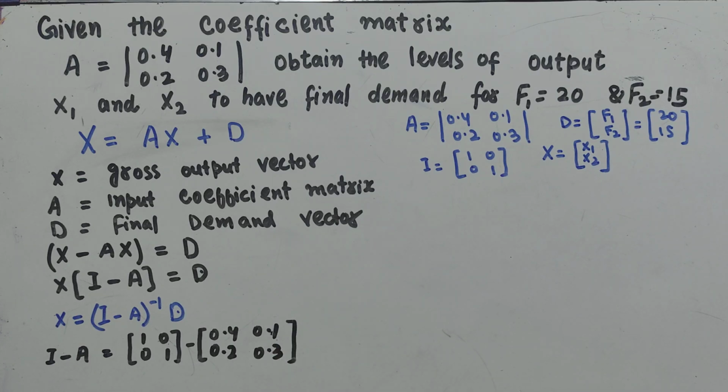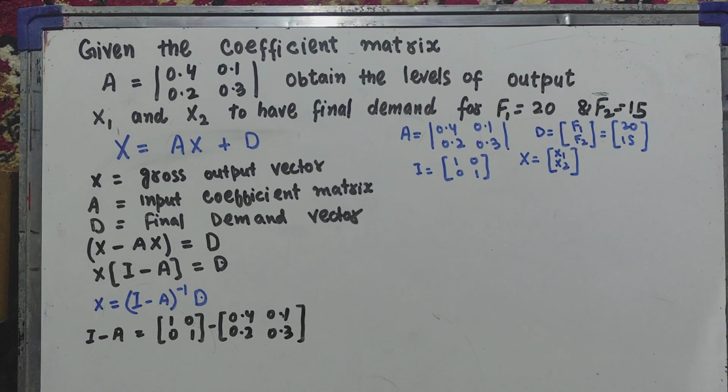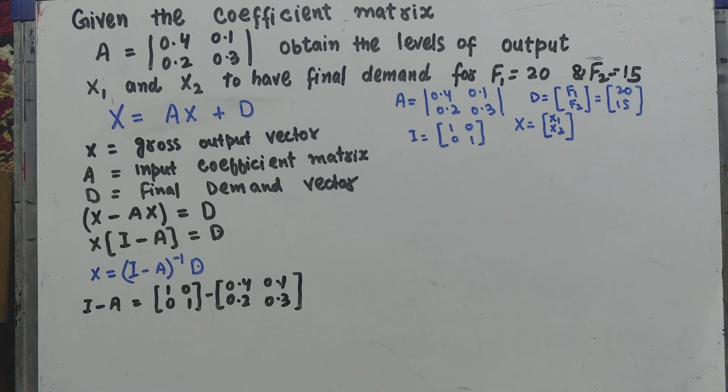Okay, if I make some space here, we can write it like this. When we subtract, 1 minus 0.4 is 0.6, 0 minus 0.2 is negative 0.2, 0 minus 0.1 is negative 0.1, and 1 minus 0.3 is 0.7.